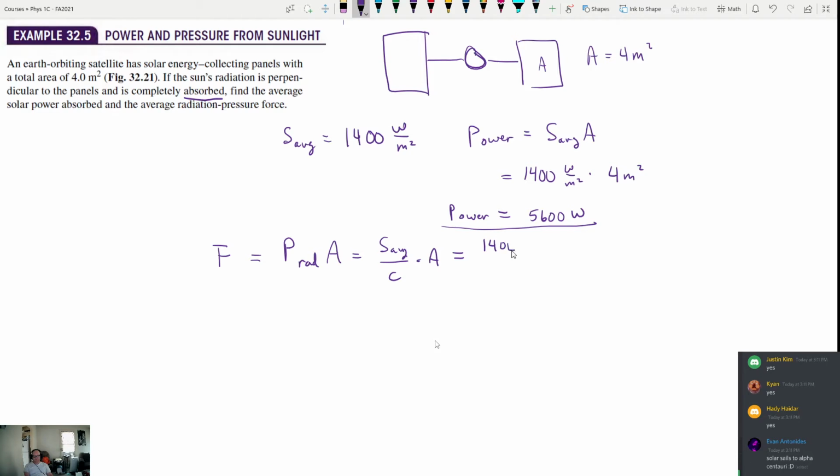So 1400 times the area of 4 meters squared. So this is going to be 0.9 times 10 to the negative 5.